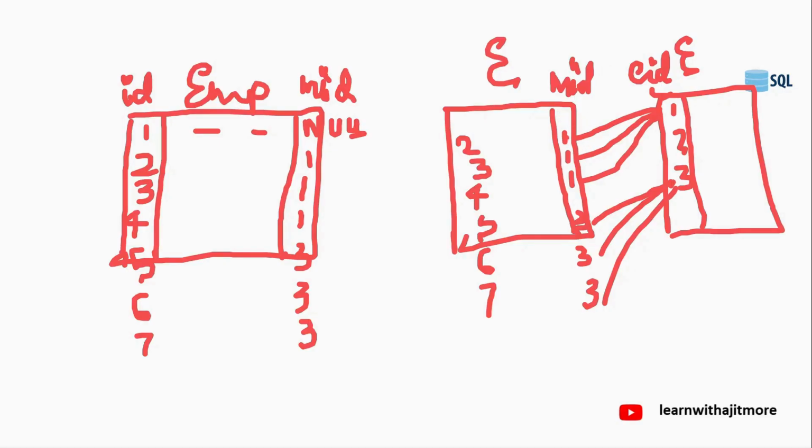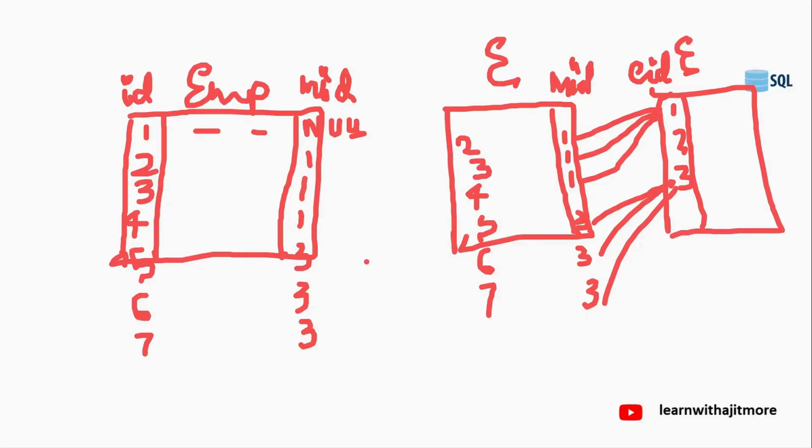Your manager ID is equal to your employee ID. So it is an inner join only, but when a table is joined with itself, we call it a self join, because it is taking a join with itself.